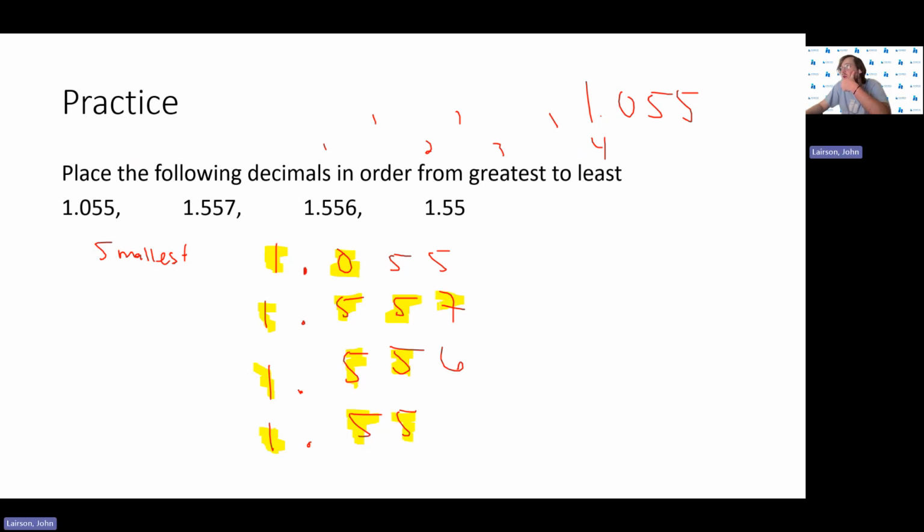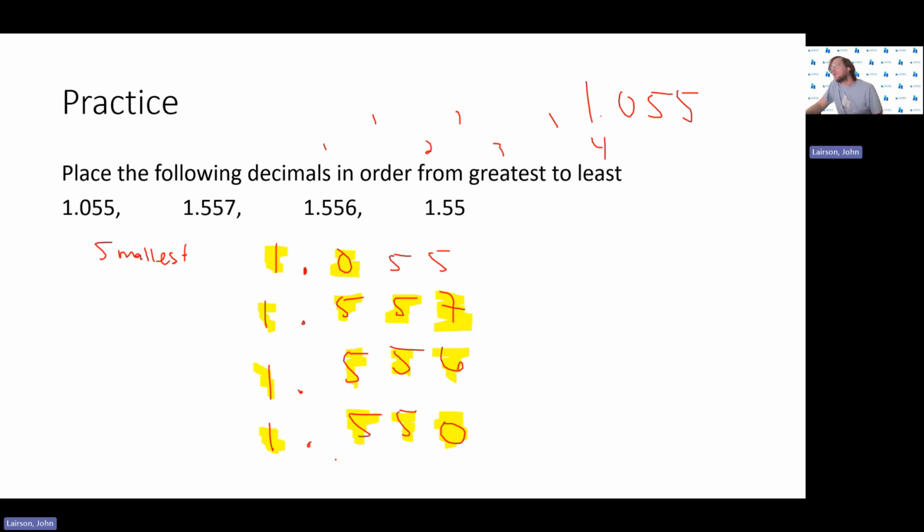Let's go one more to the right. 7, 6. Uh-oh, there is no number here. When there's no number, this is technically a 0.